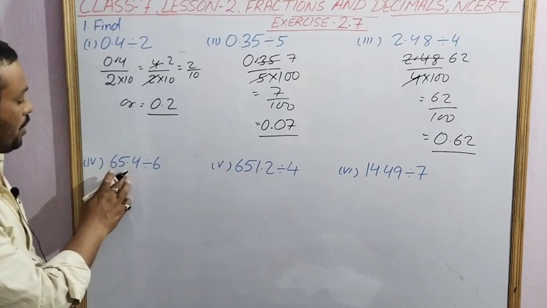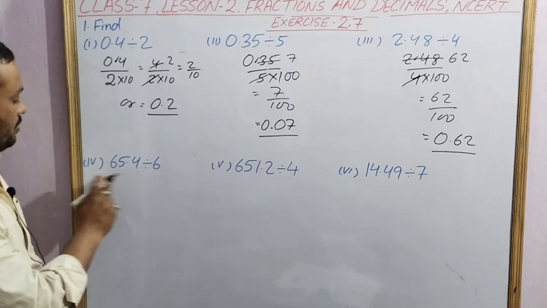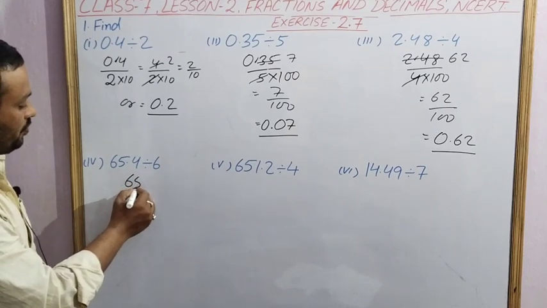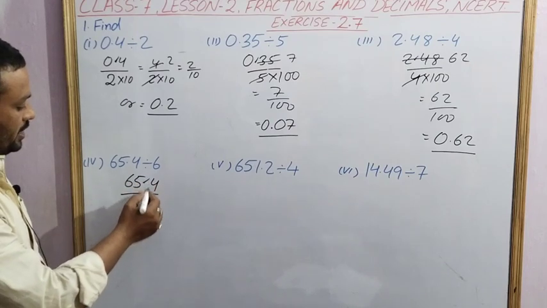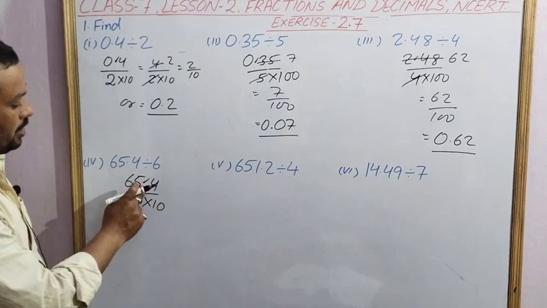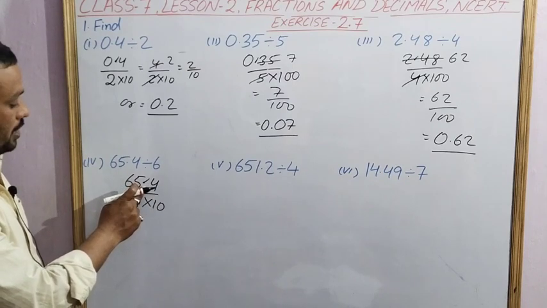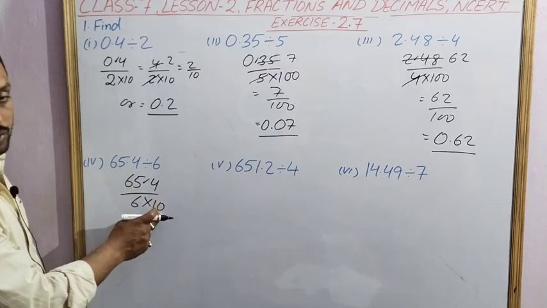Now we have 65.4 divided by 6, fourth question. So we write 65.4 divided by 6. Remove the decimal. Here it was only one place. After the decimal we have one digit, so we will put 10.